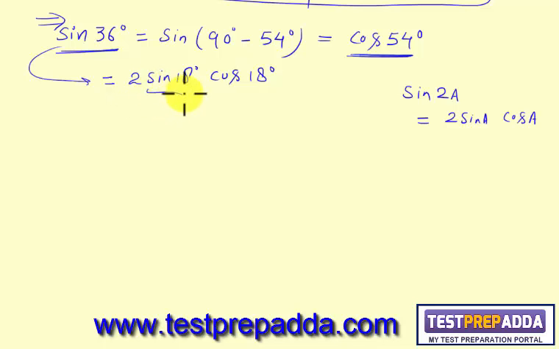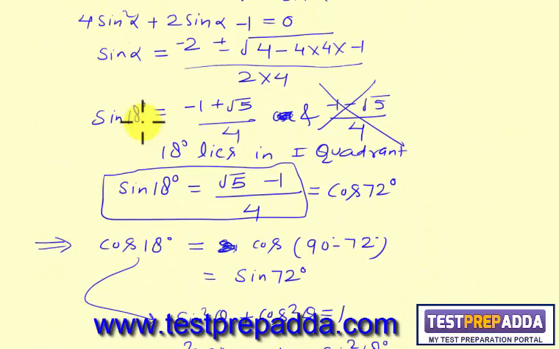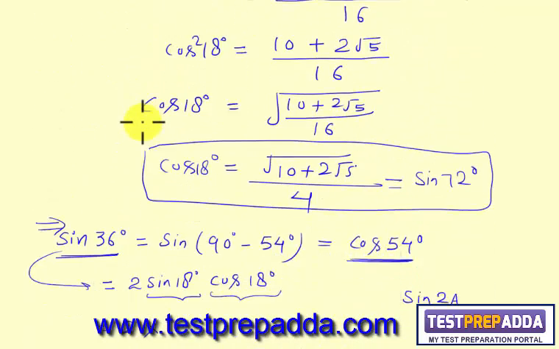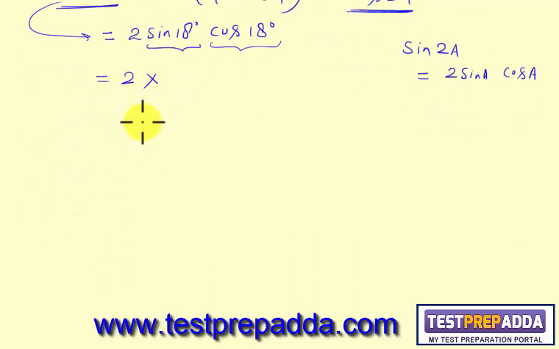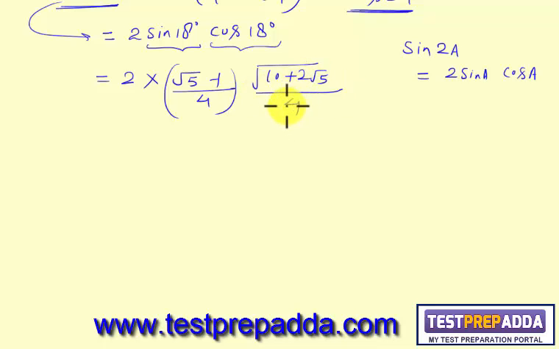Now we know the value of sin 18 degree and the value of cos 18 degree, so we will substitute here. 2 into sin 18 degree, root 5 minus 1 by 4, and cos 18 degree, root 10 plus 2 root 5 by 4. Now substitute these two values.